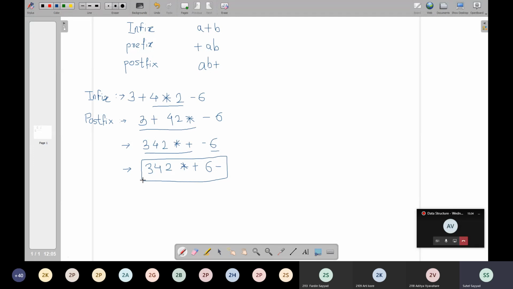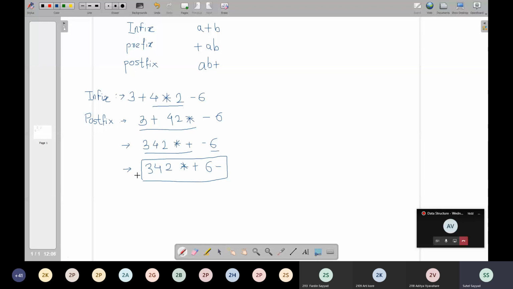Whenever we solved 4 multiplied by 2, next time we took it as 4 2 multiplication, a single entity while solving the addition operator. Similarly, while solving the subtraction operator, the entire left side, 3 4 2 multiplication and plus, is treated as a single entity, say x, your y becomes 6, and then the operator comes as minus. So this becomes your entire postfix expression.